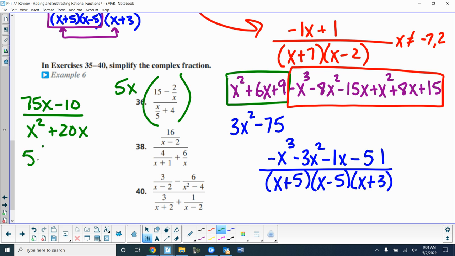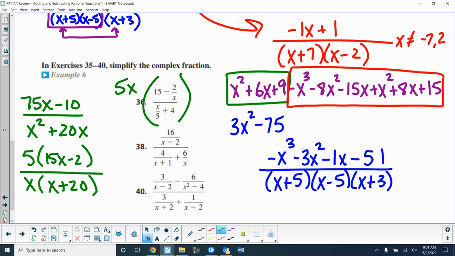So we get 5 times 15x minus 2. Factor the bottom. X is the GCF, right? We get x times x plus 20. Is there anything that's the same up top and bottom that we can cancel? No. All right, so we're done.